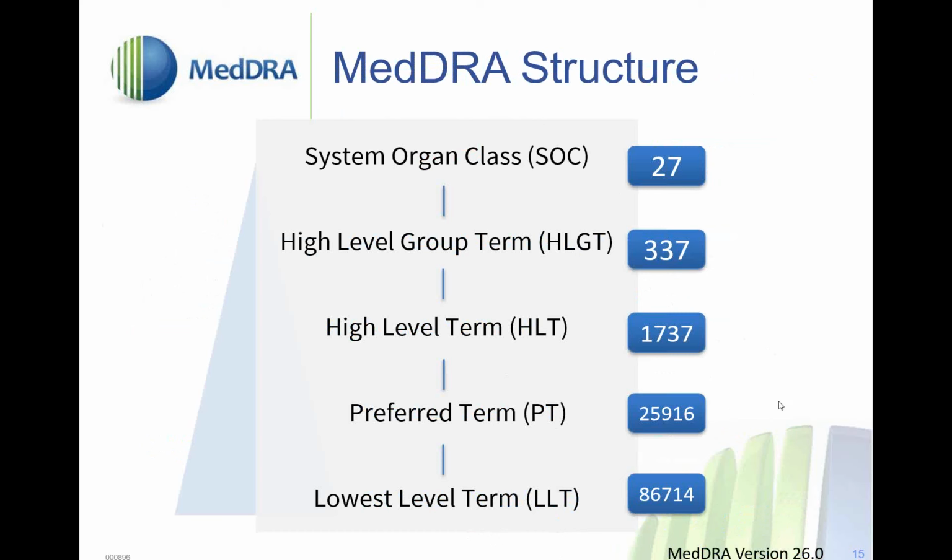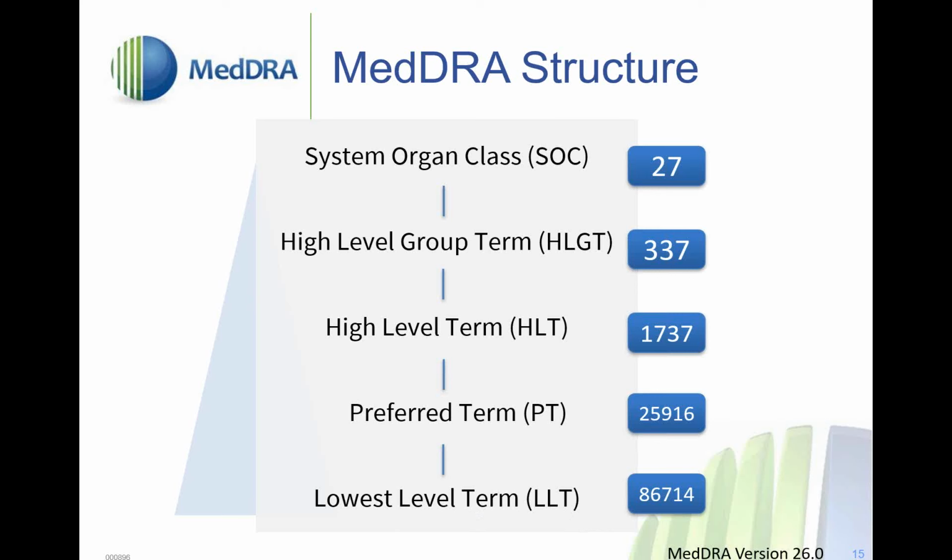And you'll notice number-wise, the most numerous types of terms are the lowest level terms on the bottom of the hierarchy, the LLTs. So in MedDRA version 26, we had close to 87,000. The higher up you go, the numbers contract. So these 87,000 LLTs are subordinate to about 26,000 PTs.